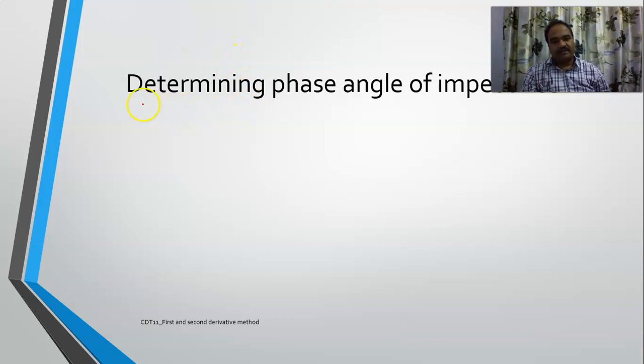As we have already seen, I'll take theta V and theta I. So V will become Vm sine theta V and I will become Im sine theta I, right?